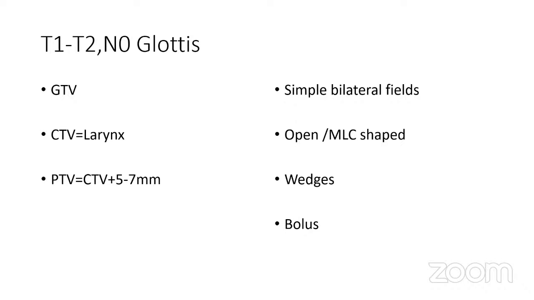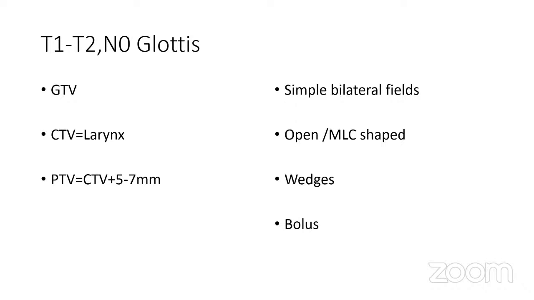It's good to use simple bilateral fields with MLC shapes. And the important thing to know is that because this is a superficial structure, we can't be too cute with our planning, especially using IMRT, etc., because we need to ensure that we're covering what we intend to cover.